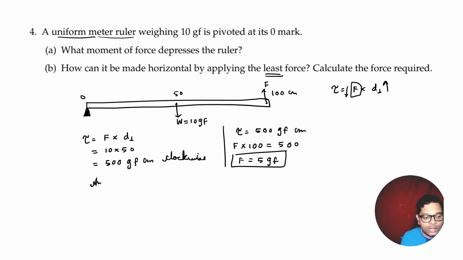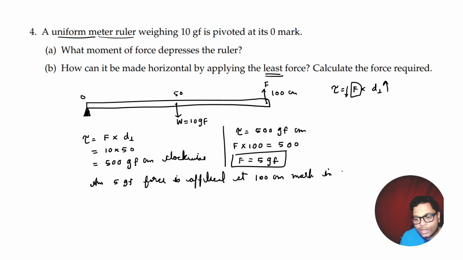The answer is 5 gram force is applied at the 100 centimeter mark in the upward direction. We are specifying that we are applying the force in the upward direction because that's going to counter that 500 gram force centimeter torque, which was depressing the rule in the first part.